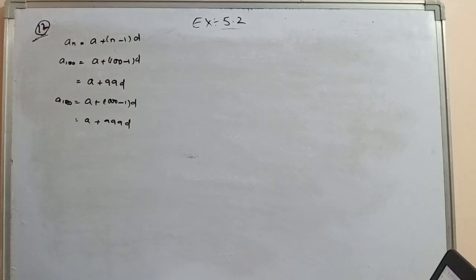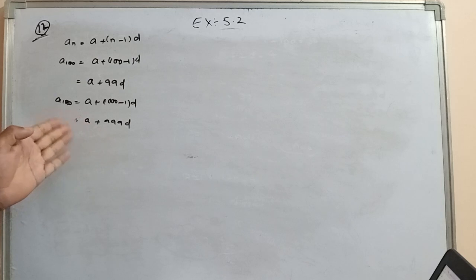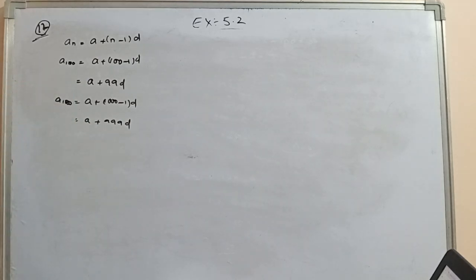So for the second arithmetic progression, we know that the difference between these two terms is 100, they have given.